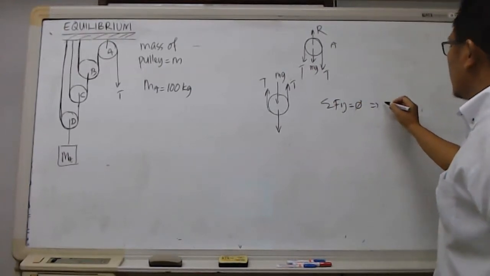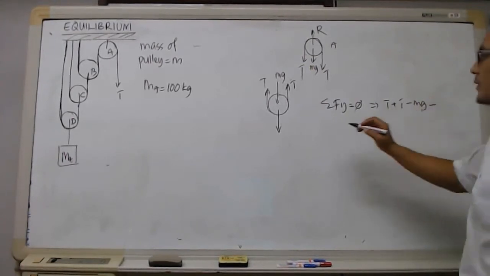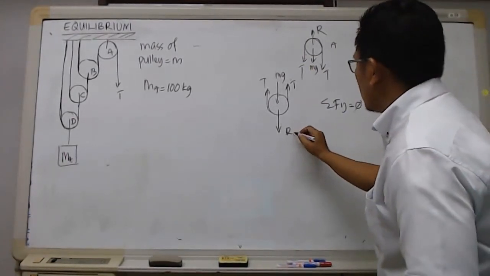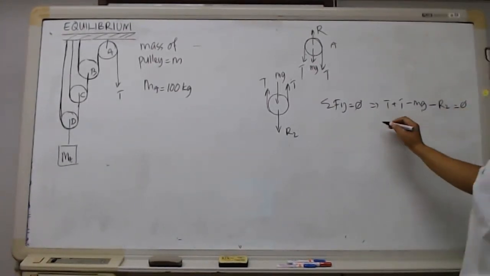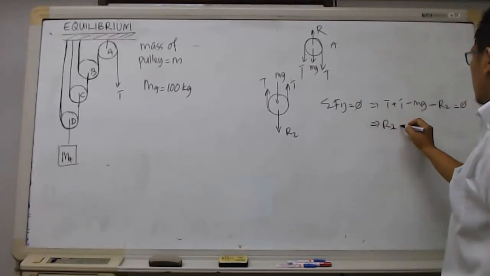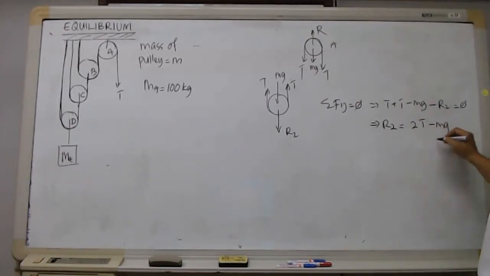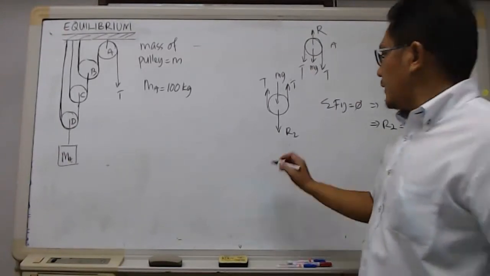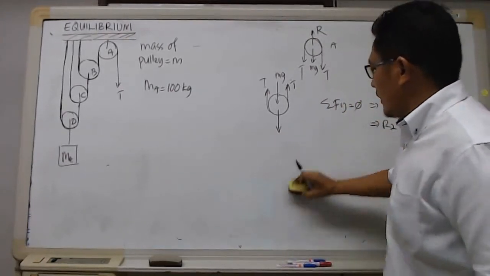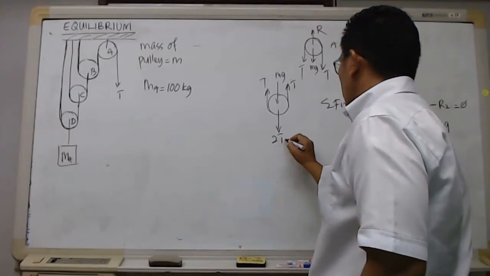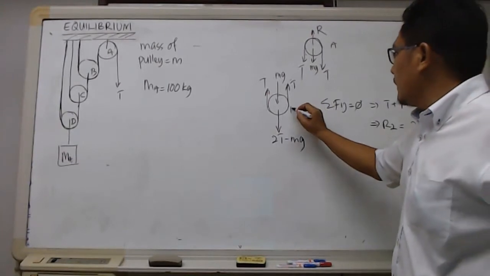Then you get T plus T minus mg minus, let's say, reaction 2, is equal to 0. Then you get that reaction 2 is equal to 2T minus mg. So here is, let me change it straight away, 2T minus mg. Okay, this is pulley B.